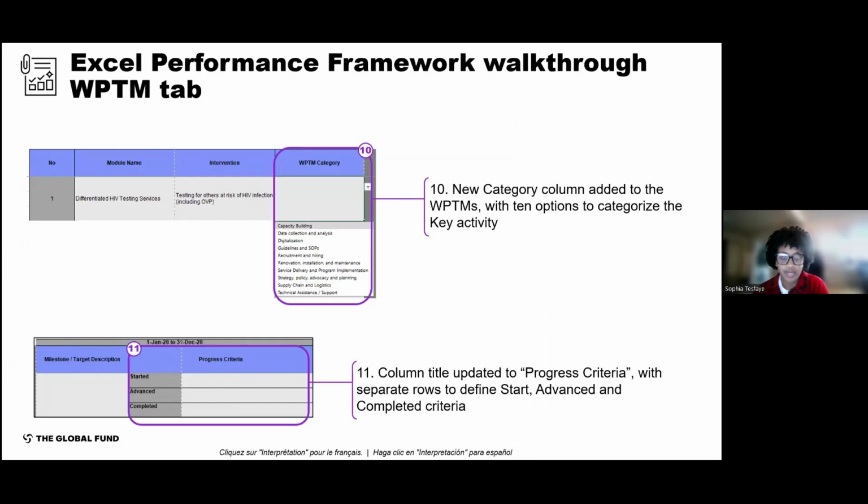Last point that I'll point out in the work plan tracking measures tab is that we've updated the name for the criteria for completion. We've changed it to progress criteria, and we've split each of those progress criteria, started, advanced, and completed, into their own rows, again, making it easier to navigate each of those criteria while filling out the form. Next slide.